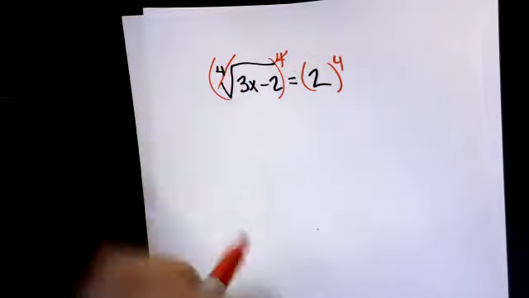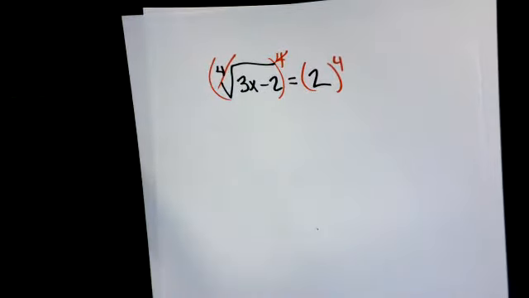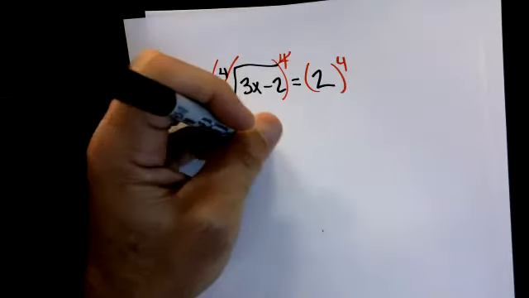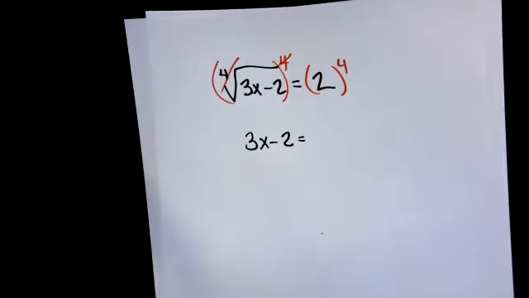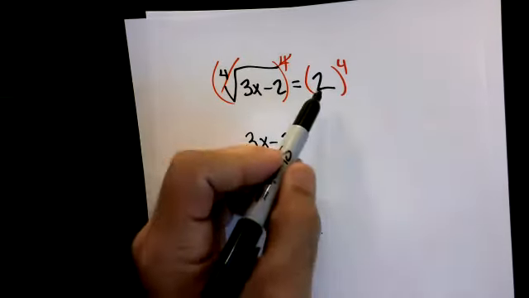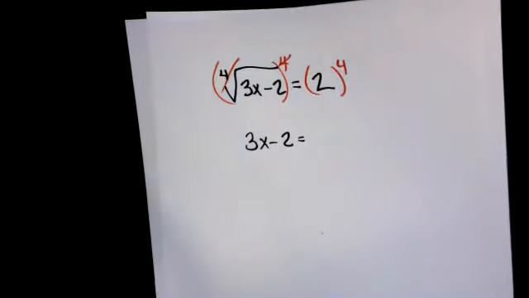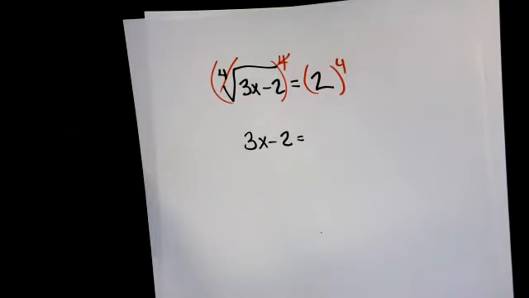So again, those two things cancel each other out. So I would just have 3x minus 2. Now, 2 to the fourth power. Remember, you're not just multiplying 2 times 4. That means 2 times 2 times 2 times 2. It's 2 times itself 4 times.